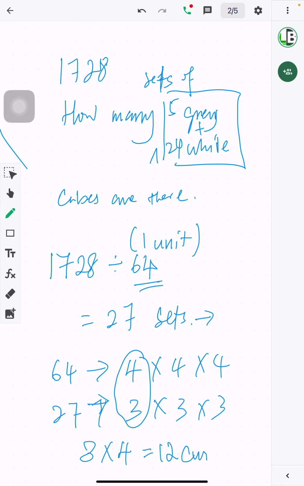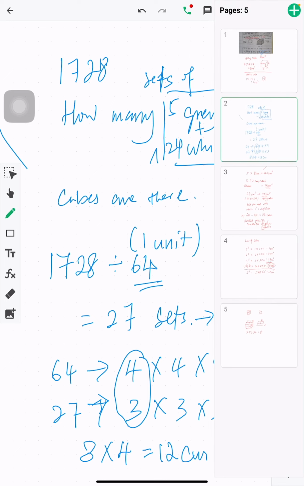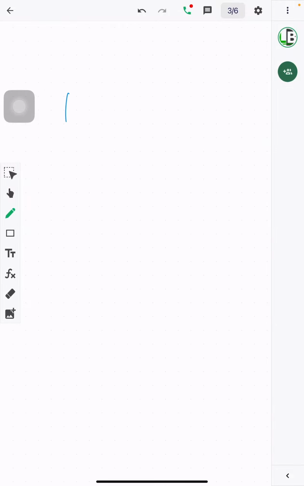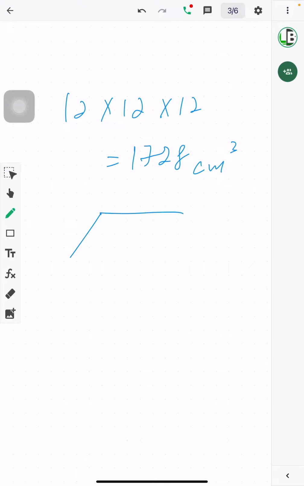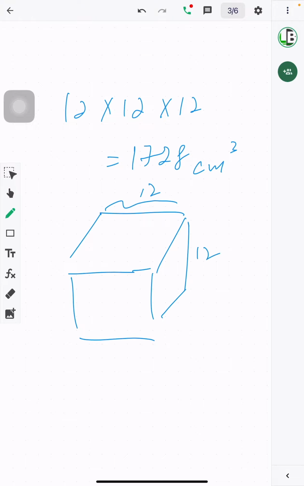So to check, you see that 12 times 12 times 12, you will get 1728 cm cube. Okay, so if I want to draw a very large cube right now, this is actually 12 cm, 12 cm, and 12 cm.